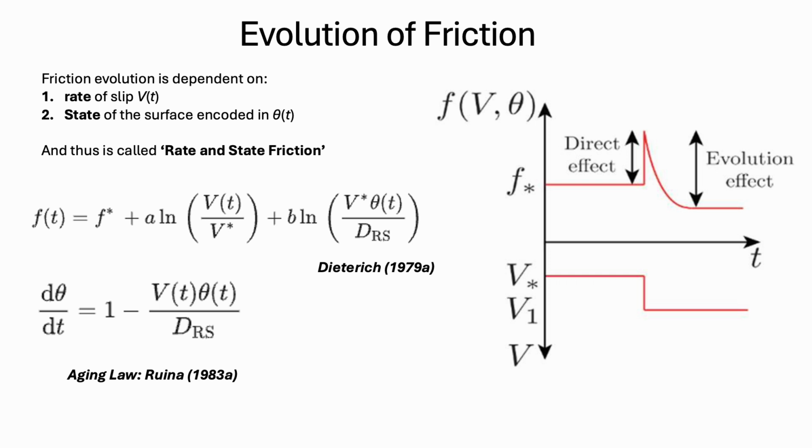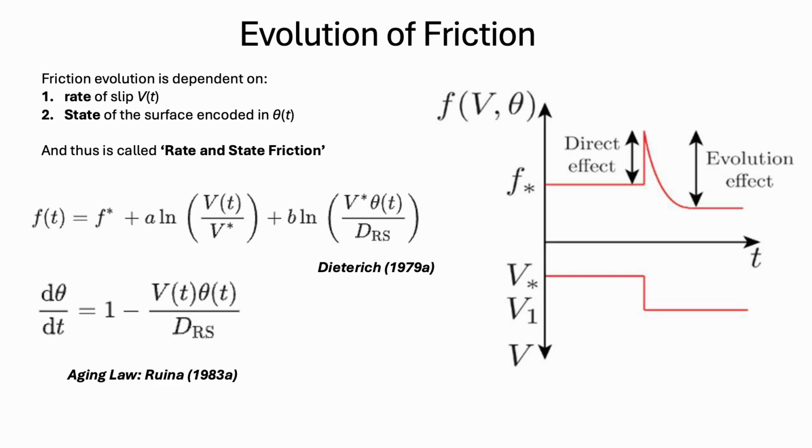It's very difficult to exactly characterize what is happening, but the state variable theta t does an approximate job of helping us understand what is happening to the surface in broader terms. So we term this variable the state variable, but it is still difficult to physically constrain it.